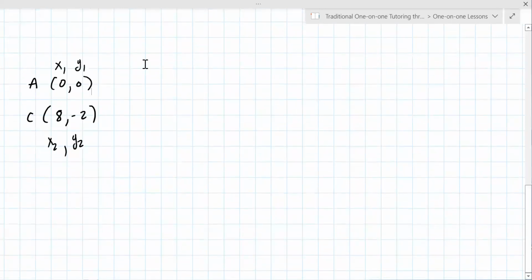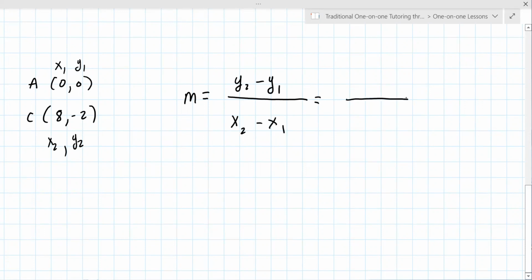Do you remember the slope formula? Yes, I know what that is. Can you tell me the slope formula? It's y2 minus y1 over x2 minus x1. Good. So what is y2? Y2 is -2. And y1?